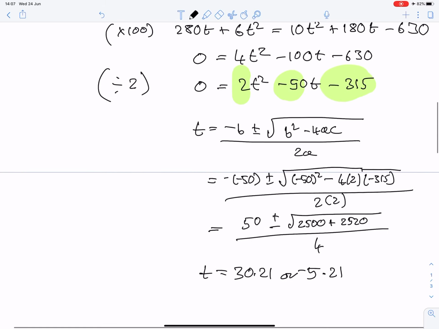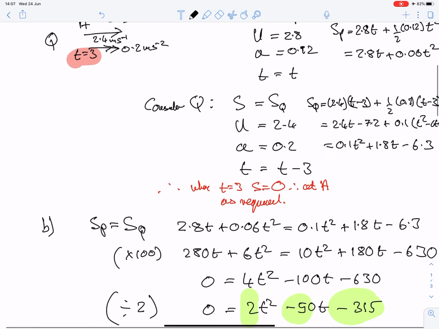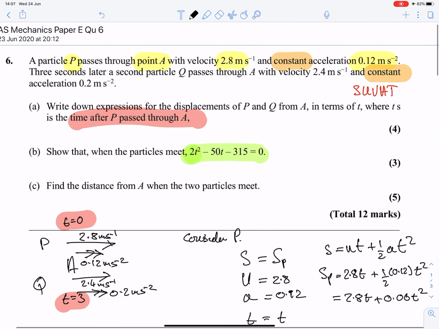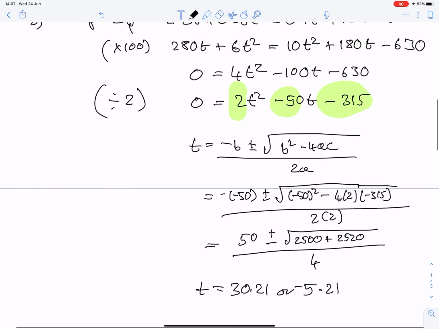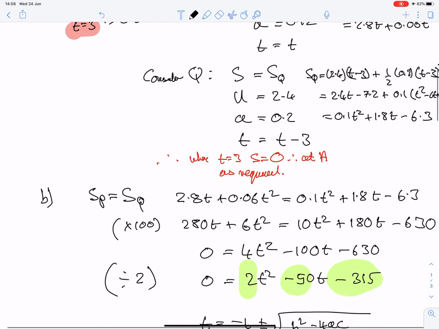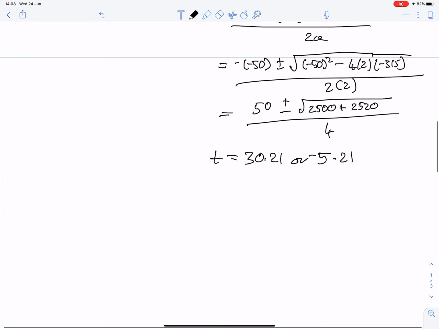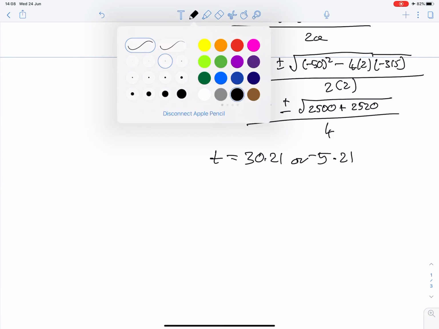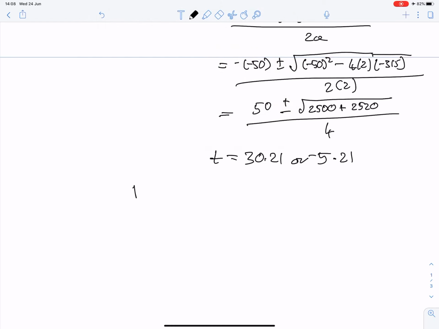Okay, so what do we find? Show that the particles meet, find the distance at which they meet. So we reject T equals negative 5.21 due to context.